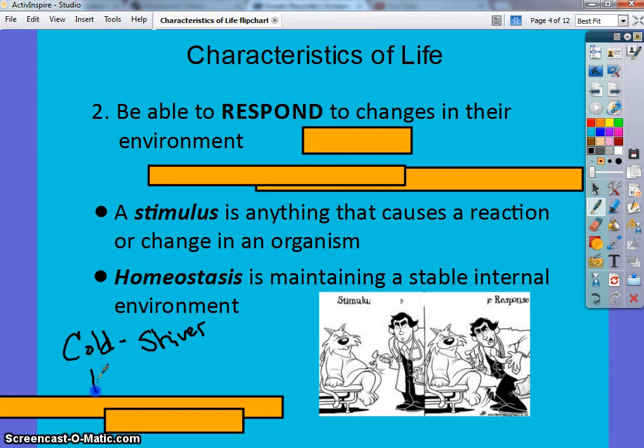Just like if it's hot out and your body is starting to heat up, you have to do something in order to cool down. And for that, we sweat. Okay, so those are some examples of stimulus response and maintaining homeostasis. So maintaining homeostasis, again, is just making sure that your internal environment, your cells inside your body, is constant with what's going on outside.